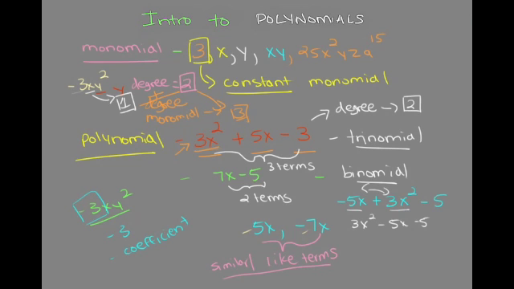So the degree of the polynomial would be 2, because that's the highest degree of its monomials. And the leading coefficient would be 3, because it's the coefficient of the term with the greatest degree.